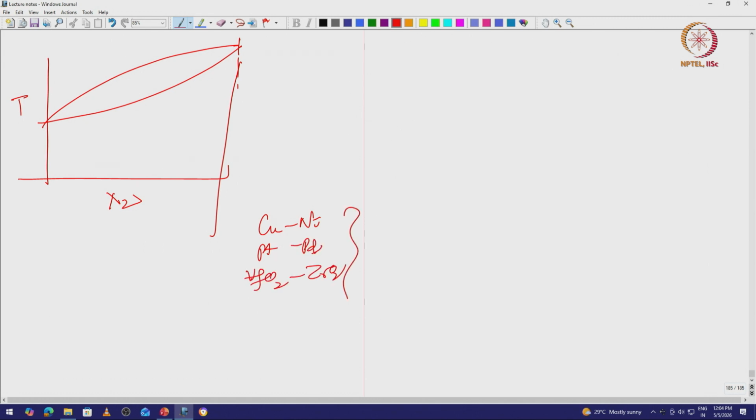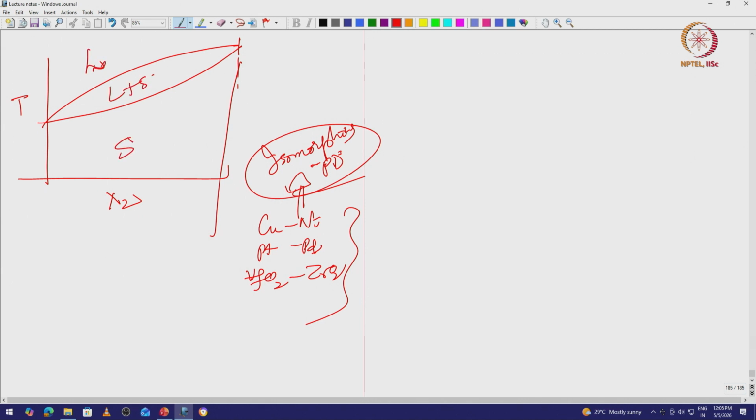So all those things that follow ideal solutions, ideal like solutions, they give you isomorphous phase diagrams. So these are some of the examples. Now this is the liquid state, this is the solid phase, this is liquid plus solid.